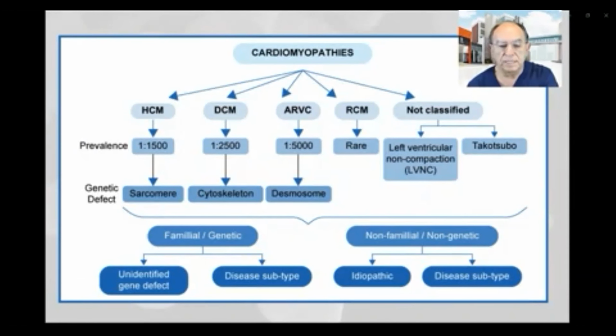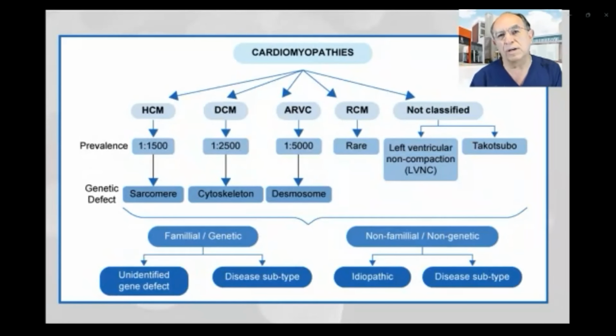The first is the hypertrophic cardiomyopathy, the second is dilated, the third group is the arrhythmogenic right ventricular cardiomyopathy, the fourth is the restrictive cardiomyopathy, and finally a new group, unclassified cardiomyopathies. But today we are speaking about the first group.